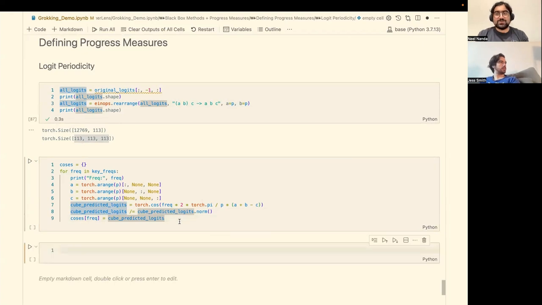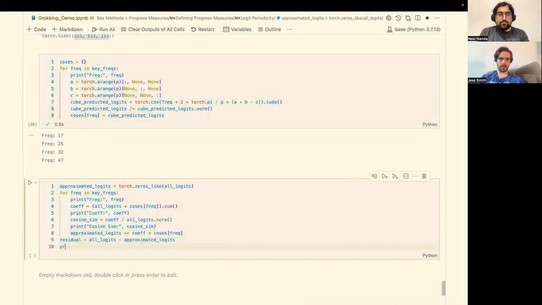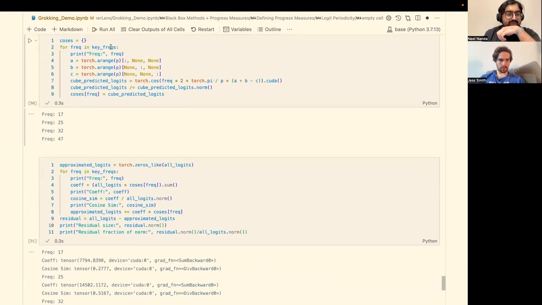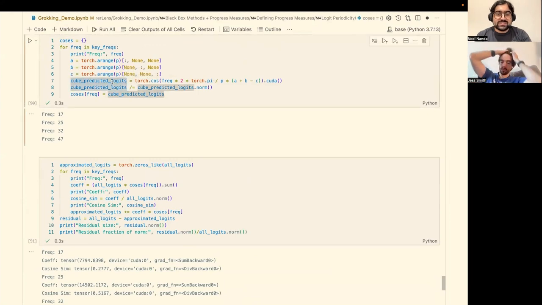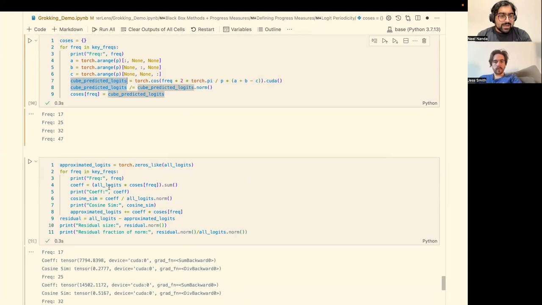So let's do that. What I've just done here is I've gone through each of these key frequencies. I've got the set of logits that they predict is going to happen. And then I've taken the full set of logits, figured out what the coefficient of these predicted logits is.